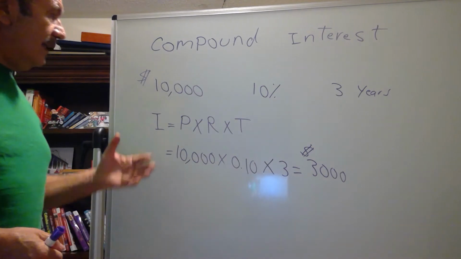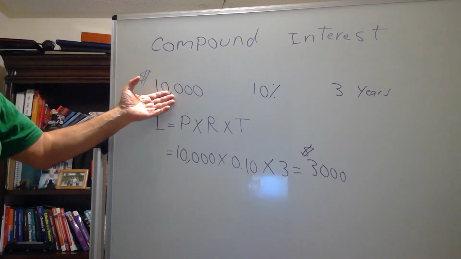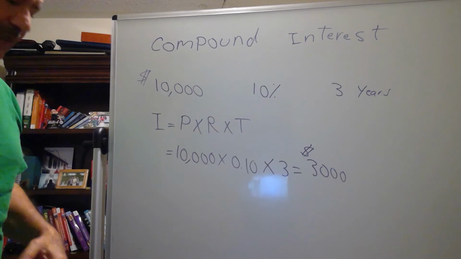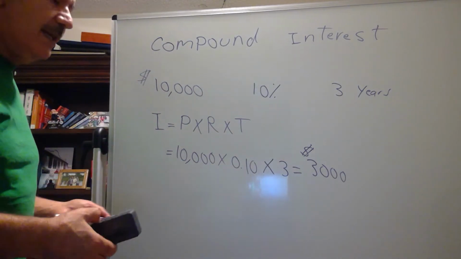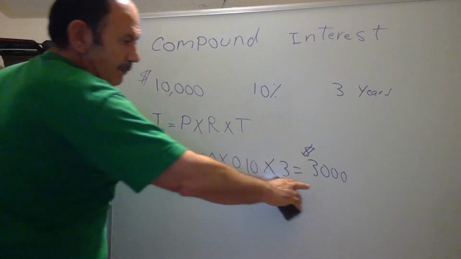Now, let's calculate if we put the same amount of money in compound interest, and the interest is calculated yearly. So remember this $3,000.